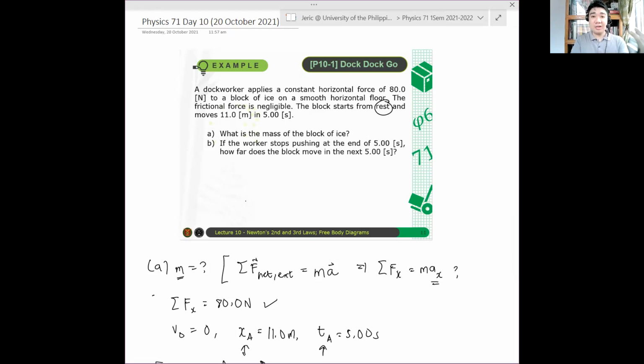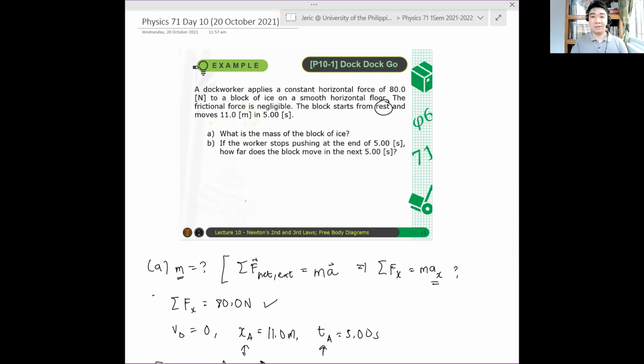If there's no force, there should be no acceleration. But what will happen to the object? From Newton's first law, ano mangyayari? Hihinto ba yung object? Hihinto ba siya?